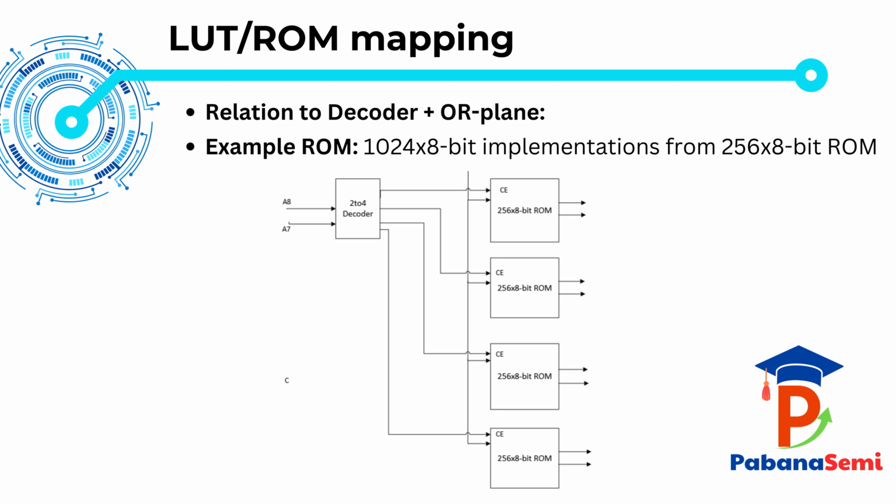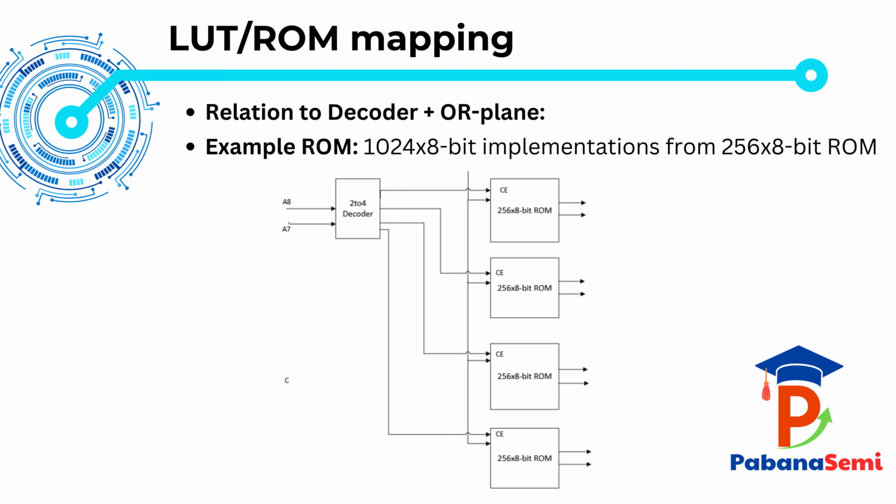Now look at the example shown here. We want to build a 1024 x 8-bit ROM, but we only have 256 x 8-bit ROM blocks available. First, notice that 1024 equals 2 to the 10th power, meaning we need 10 address bits.